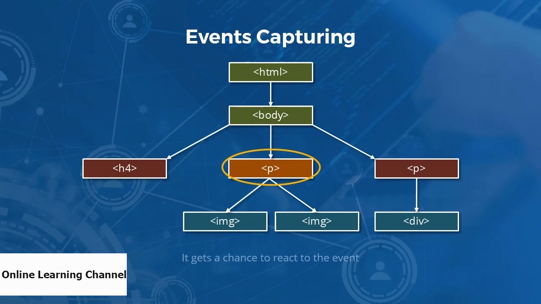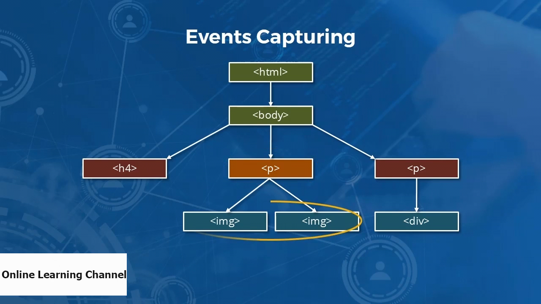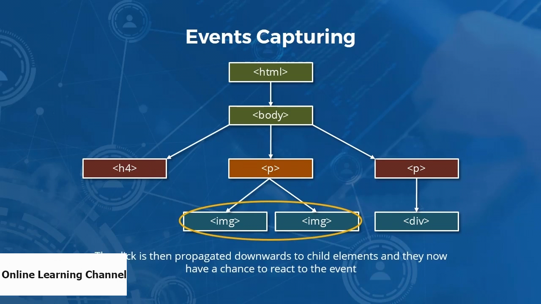Now, this paragraph will get a chance to react to the event first. This is what receives the event first. Then the event will be propagated downwards to all of the child elements of the paragraph element, and they get a chance to react to this event. When an event is propagated downwards to child elements, that is called event capturing.